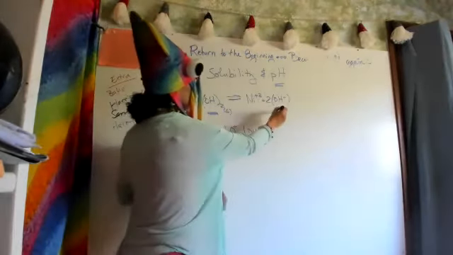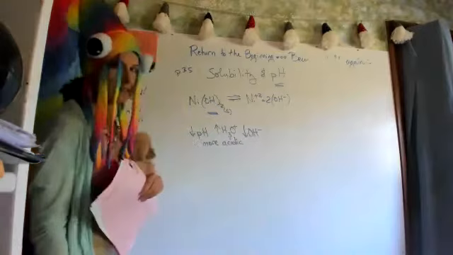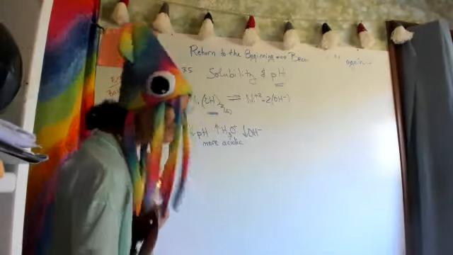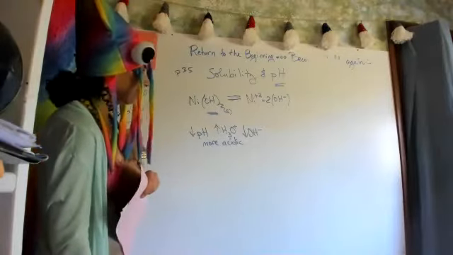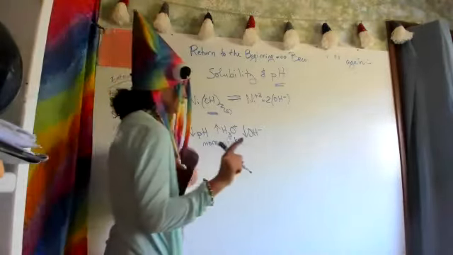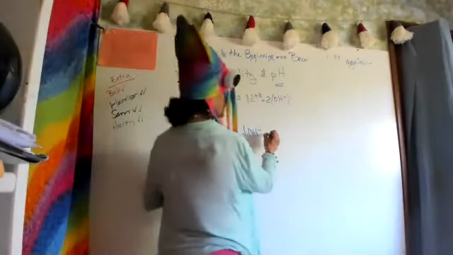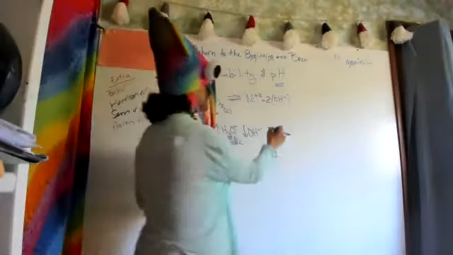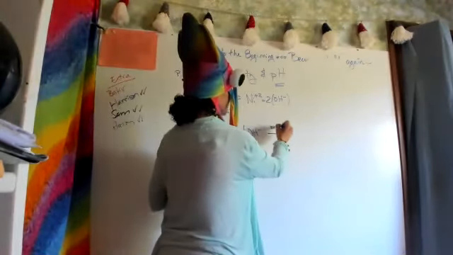If you decrease the hydroxide, what does Le Chatelier say will happen this time? You all know this. It's going to shift forward and it's going to become more soluble.